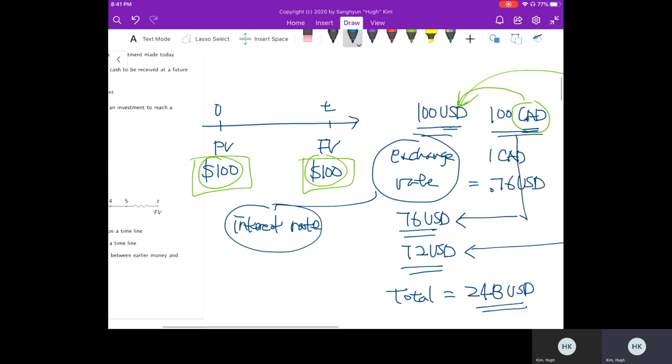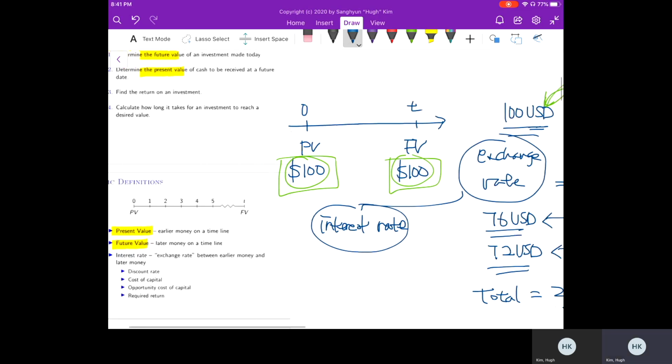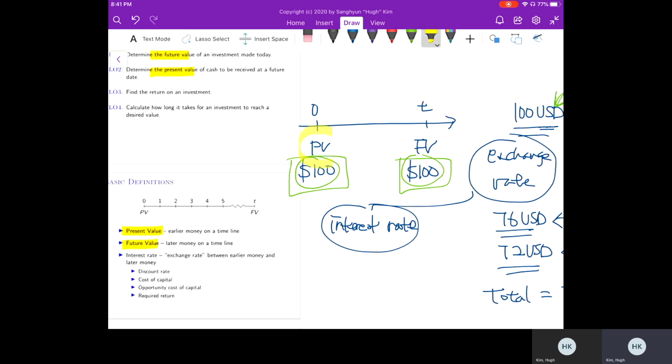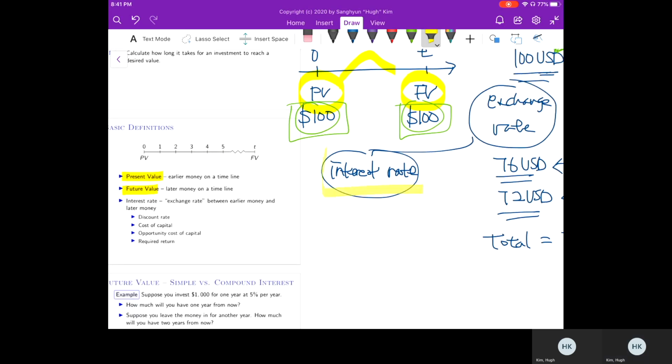Interest rate is the exchange rate between earlier money and later money. And we're going to study how these are related by interest rate. So that's the concept of time value of money.